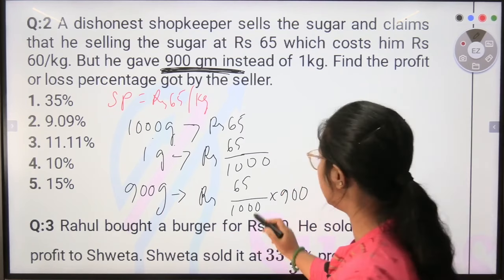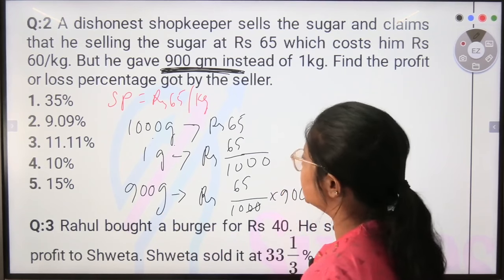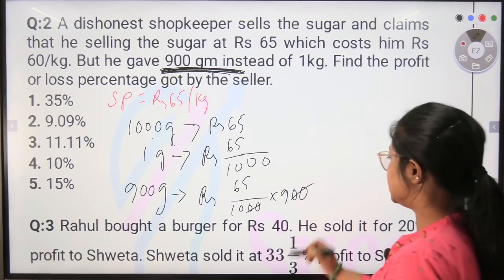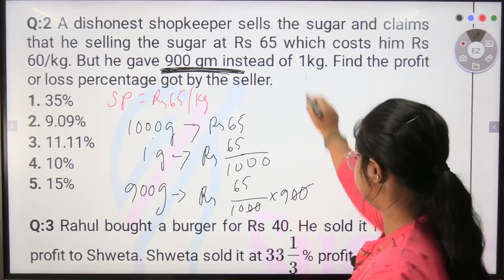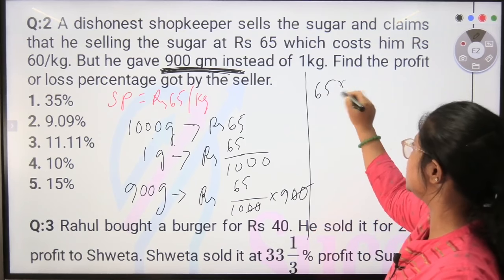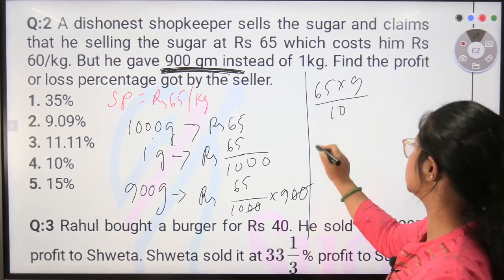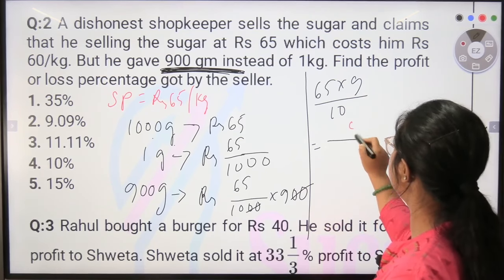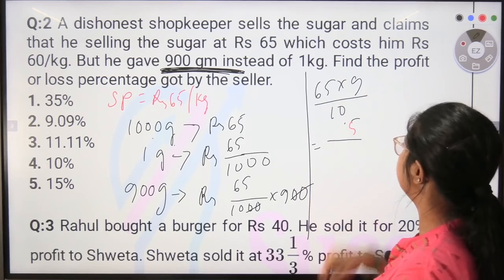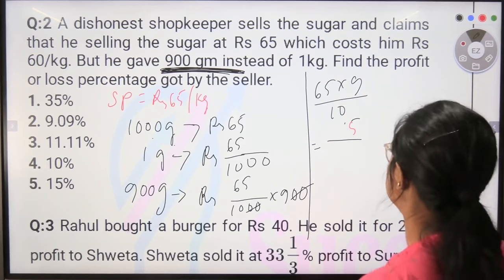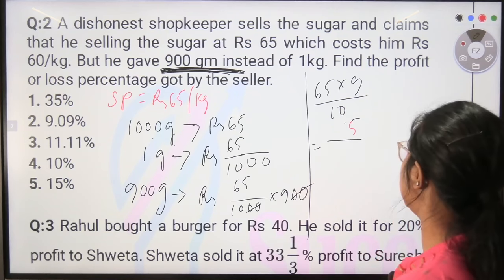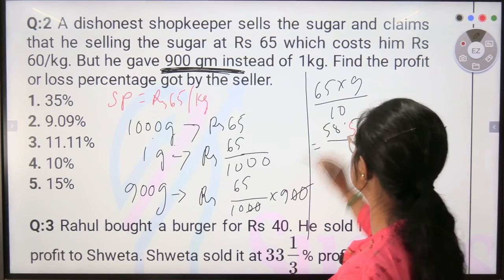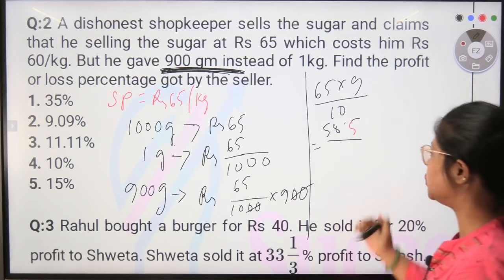So from here I am getting my SP of 900 gram as how much? This will cancel out, and 65 into 9 by 10. So 65 into 9 will give you how much? 9 6s are 54 and 585. So 58.5 should be the actual value, isn't it?